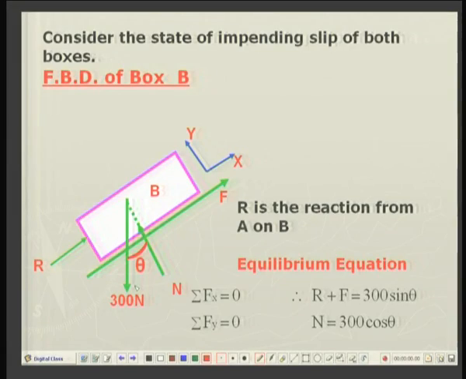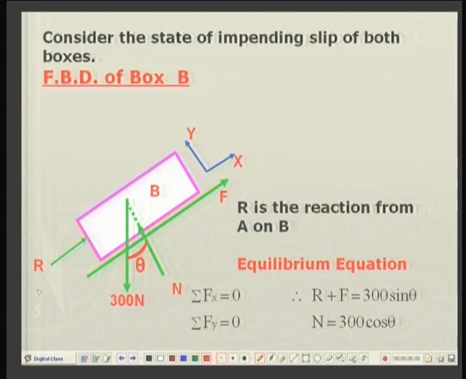So, consider the free body diagram of the upper box, that is box B. Now, what are the forces acting on this? There is a gravity force, that is the weight of the box, 300 newtons. And then there is a reaction R from box A on the left of it.